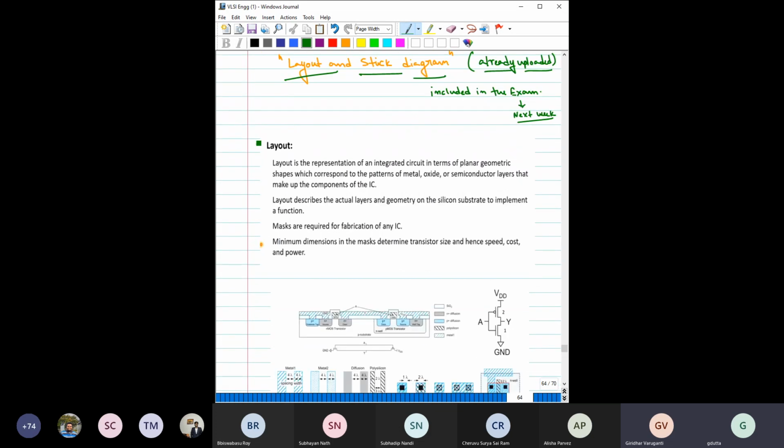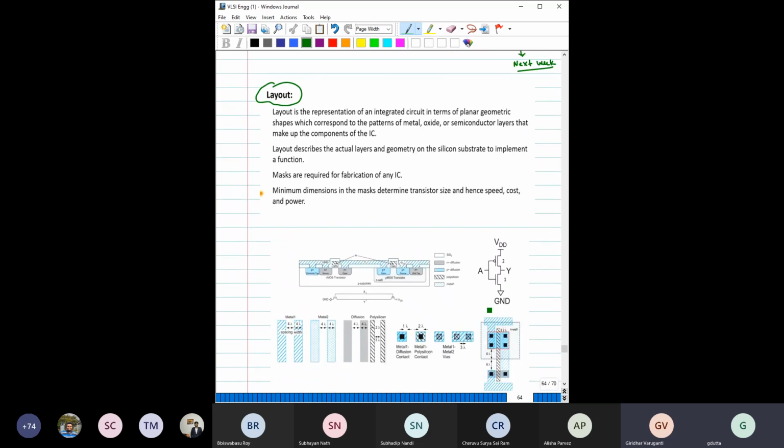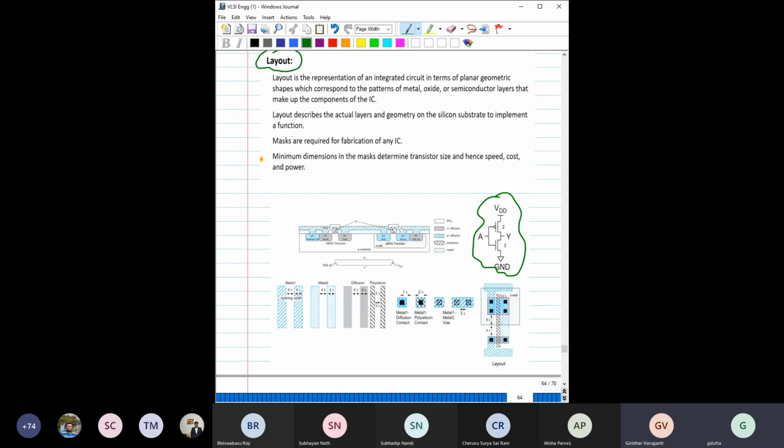Just to give an idea of what we mean by layout: so far we have discussed design. Once you finalize the design, you have to send it for fabrication. Suppose for design purposes this is an inverter, but when you make it on a silicon flat surface, you have to fix different things. There are foundries you send your design to as a designer.